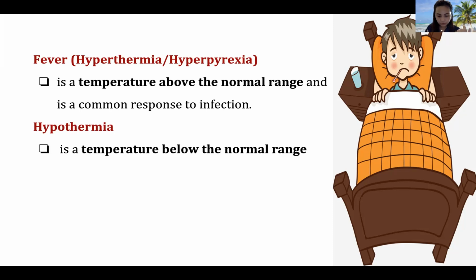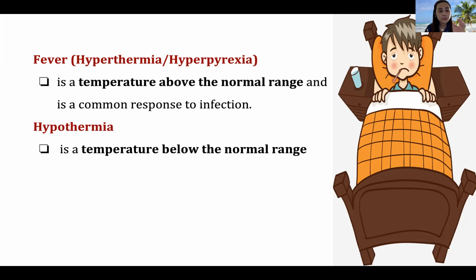As I've told you before, when we touched the medical abbreviation and medical terms, when we're talking about hyper, it means increase or high. When we're talking about hypo, we are talking about low. When we're talking about thermia, it means temperature.